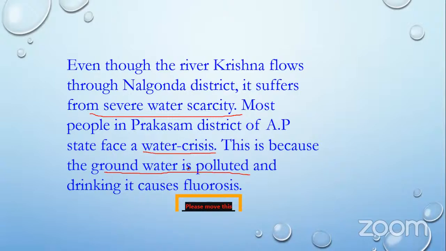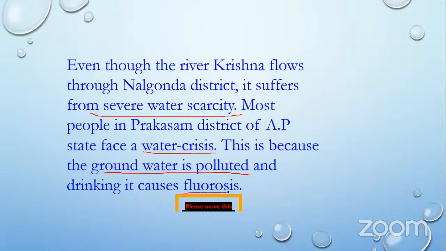Groundwater is polluted so much. It is polluted with fluorine, meaning more fluorine is present in the ground in those areas. So whatever groundwater is there has more fluorine. If we drink water which has more fluorine, we get the disease fluorosis.